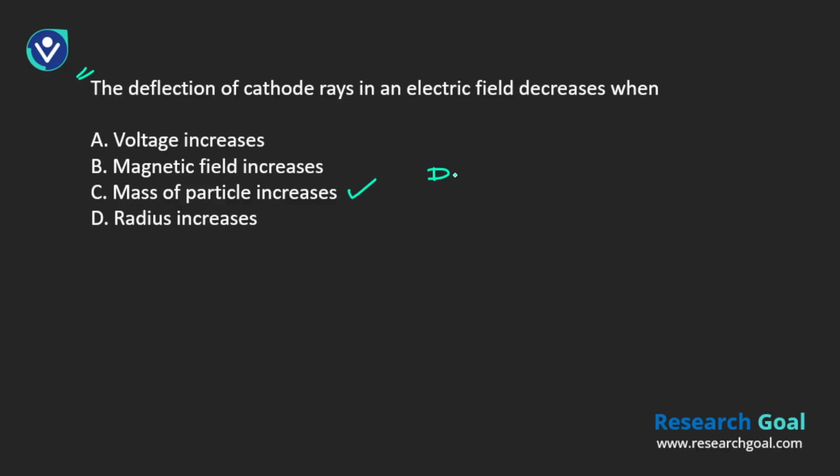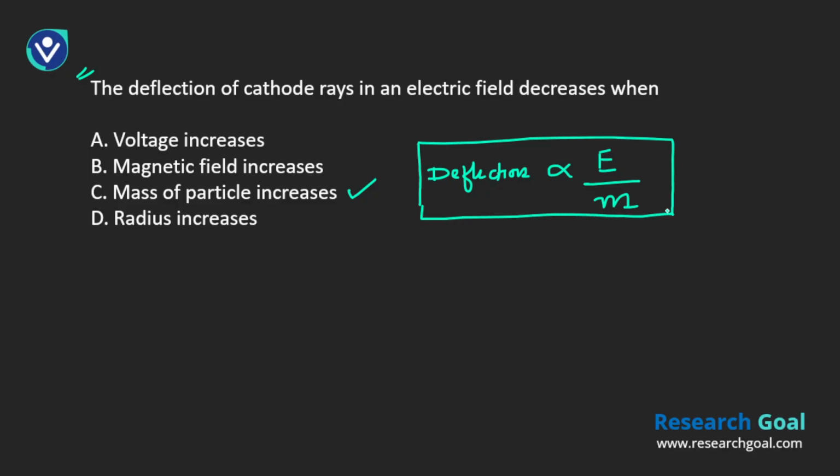Any question like this comes, remember this: whenever there is deflection of the electron, because in cathode ray you have electrons, that deflection is directly proportional to electric field and inversely proportional to mass. Just remember that. That's going to save you a lot of your time and also help you to answer these kinds of questions.